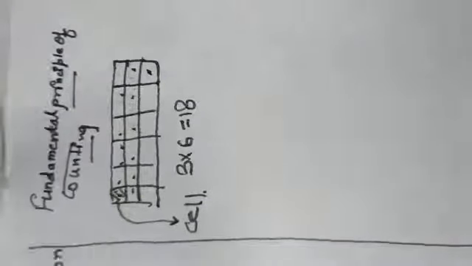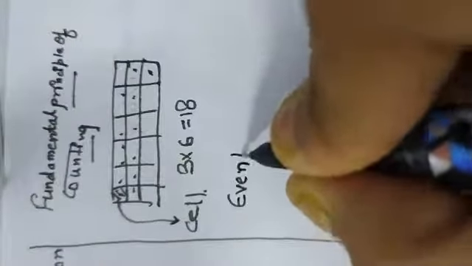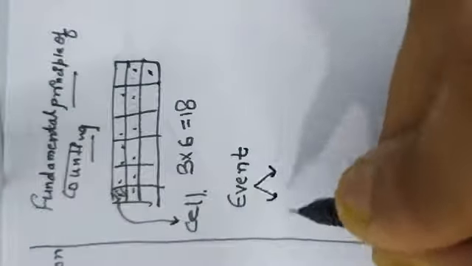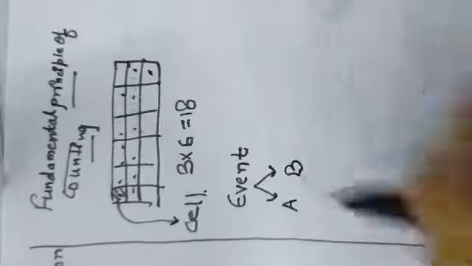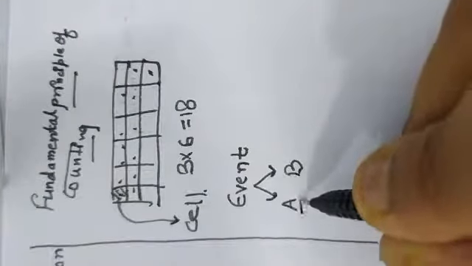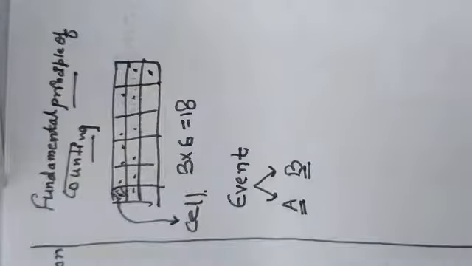So I am saying that if an event is divided into sub-events A and B such that on either completion of A or B the event gets completed.